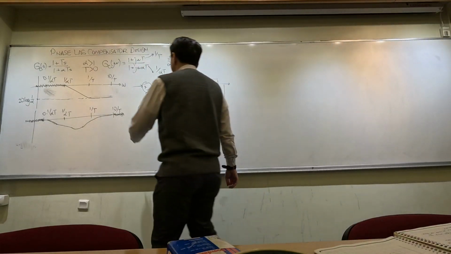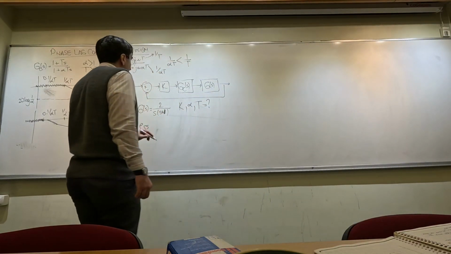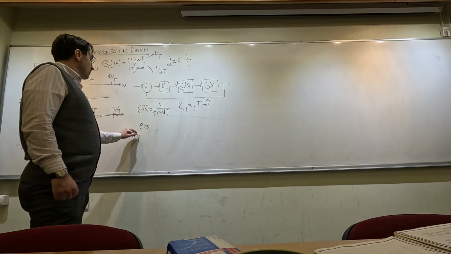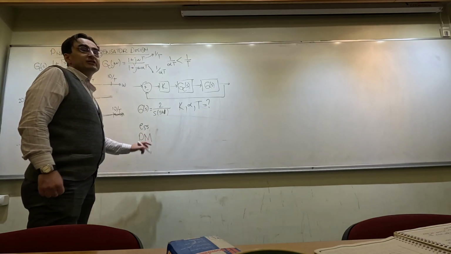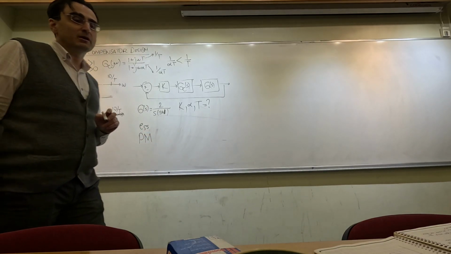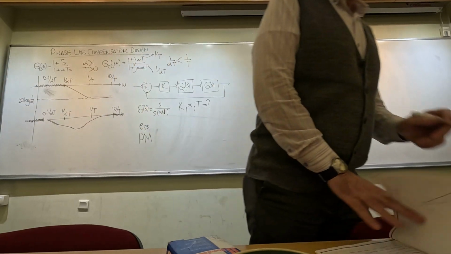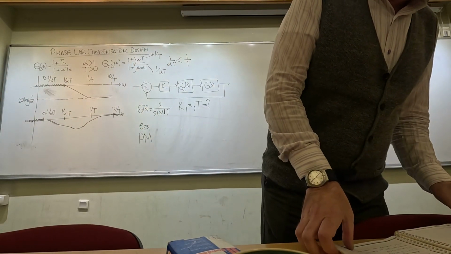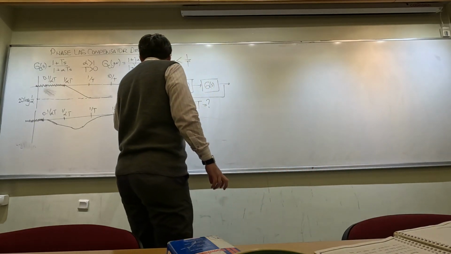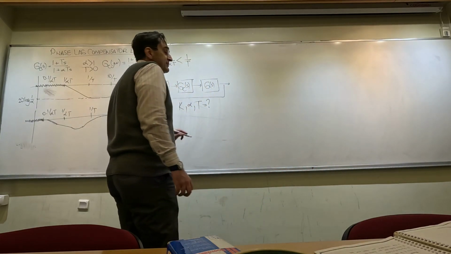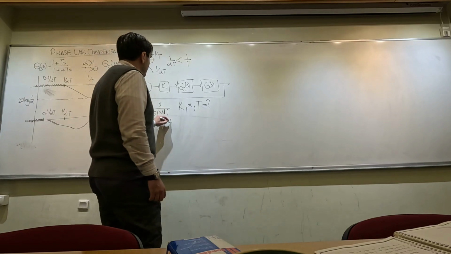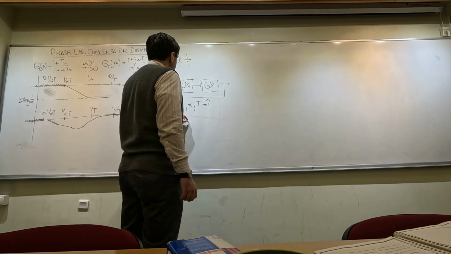There are usually two performance requirements to be satisfied. The first performance requirement is related to the steady state. The second performance requirement is going to be related to the transient, which is going to be related to the phase margin. In the example that we are going to solve, the steady state error should be less than 0.1 to unit step input. Sorry, unit ramp input.